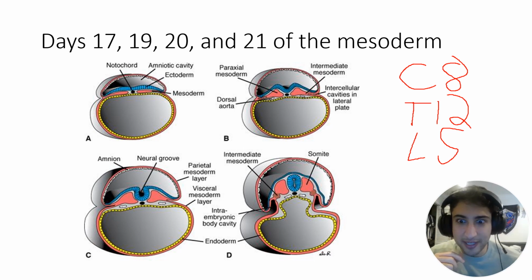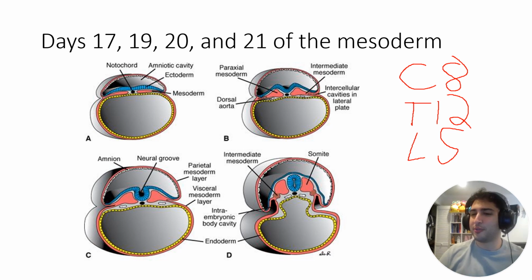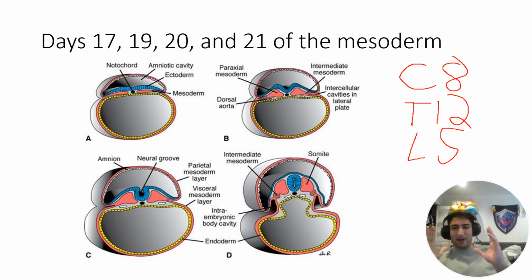Okay, convenient, very convenient, especially considering that the neural crest cells are going to form ganglia and have to pass through the anterior part of the somites. So there's not too much to memorize if you visualize things.